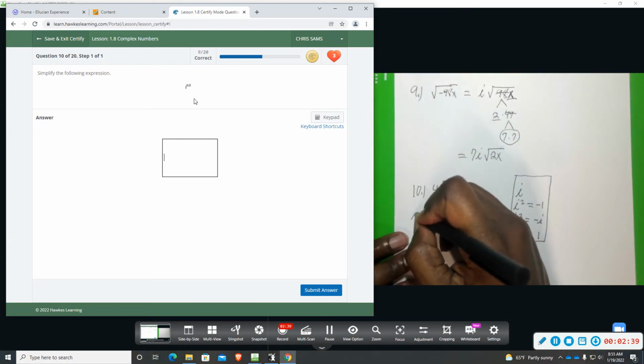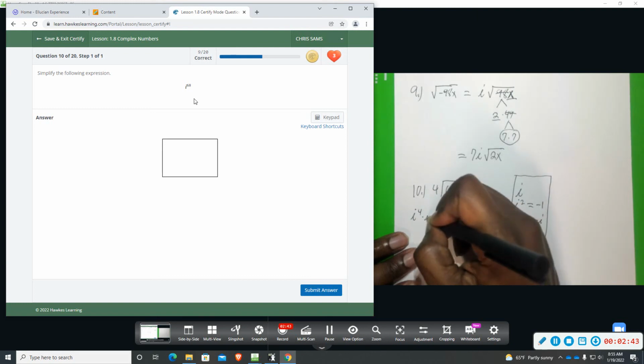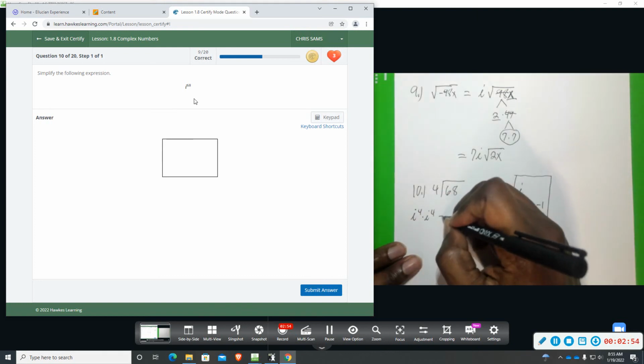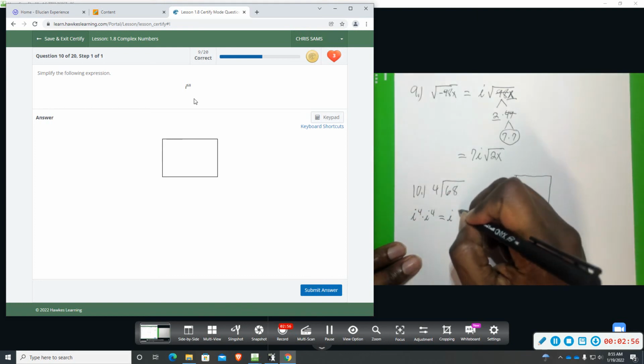So understand this. i to the 4th times i to the 4th. If you recall properties of exponents, whenever you have the same base and you're multiplying, you add those exponents. So this is the same thing as i to the 8th.